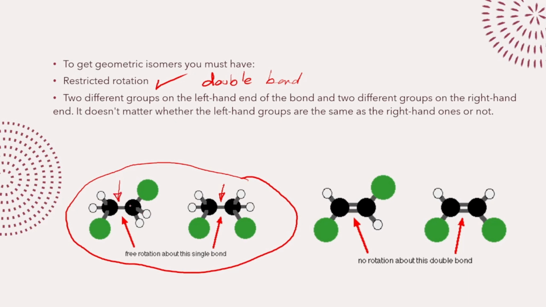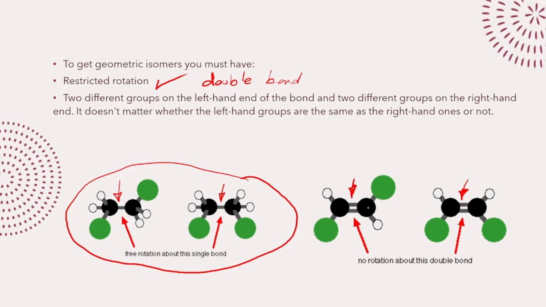Usually in single bonds there is free rotation. This carbon freely rotates around the single bond, and so does this carbon. But whenever we have a double bond, such as here, this free rotation is restricted or forbidden.